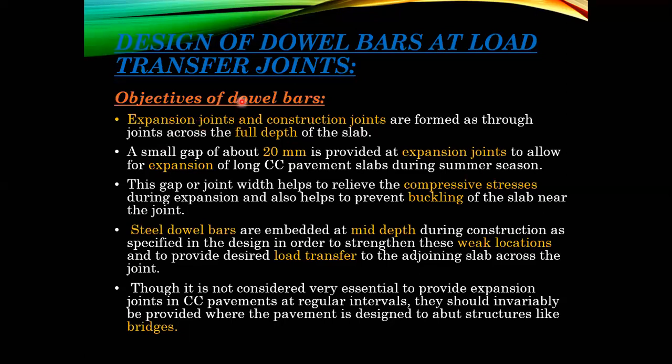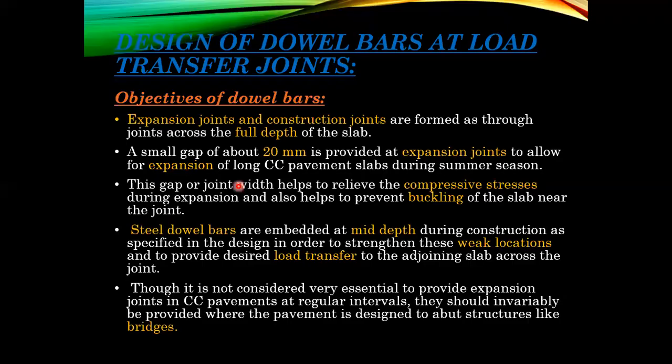And the space between two slabs. Assume this is the first slab, this is the second slab, third slab. Like this, your road will be there. The space between two slabs, the first slab and second slab, a minimum of 20 mm space will be left.